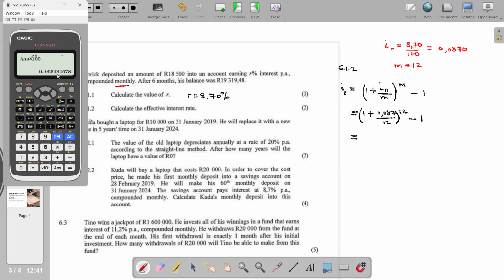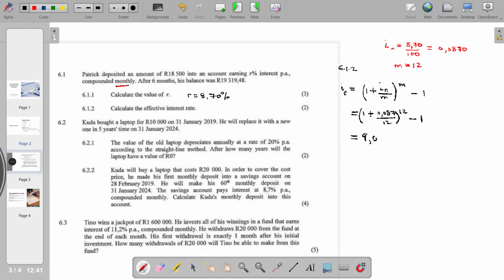So we are getting 0.0906 approximately, which as a percentage, to 2 decimal places, will be 9.06%. This is to 2 decimal places.